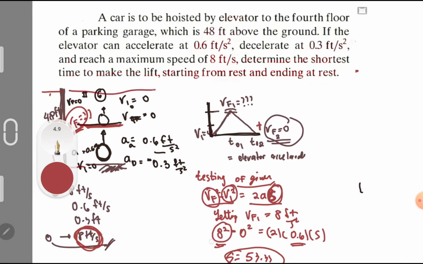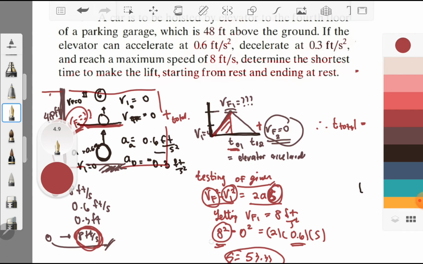Yung total time ng flight natin is the total duration, T total. Wherein, our T total will be defined as your T1, its acceleration, plus our T2, its deceleration until it will meet a 0 VF1.